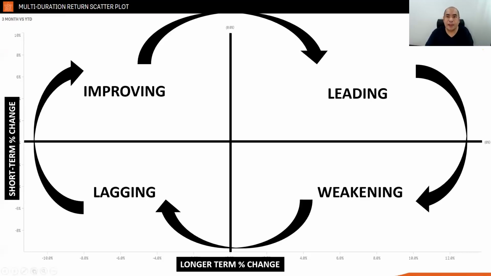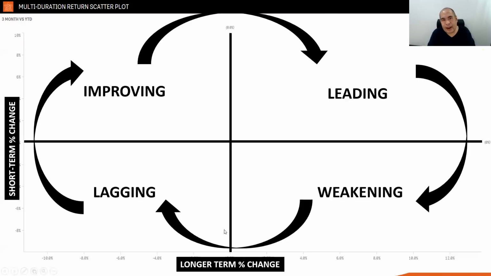And when they weaken, you will immediately see how they're weakening over the short-term duration, even though they're still able to maintain their longer duration upward momentum. And then at some point, their upward momentum starts to give way and they start to lag, and it's really a cycle around the Scatterplot.